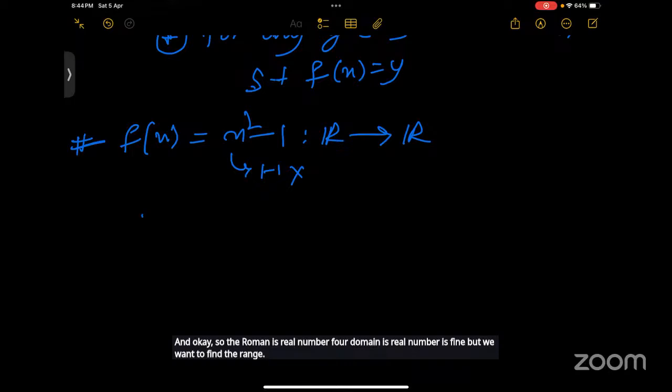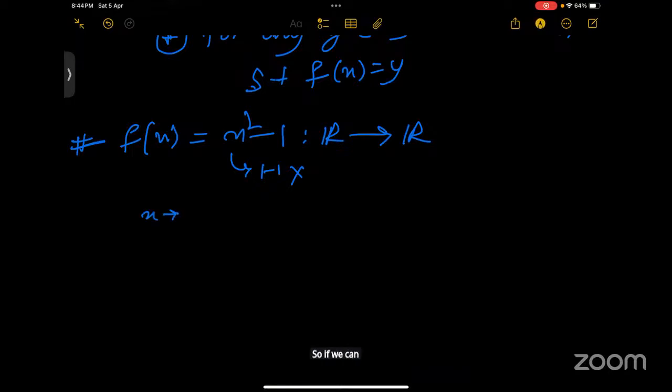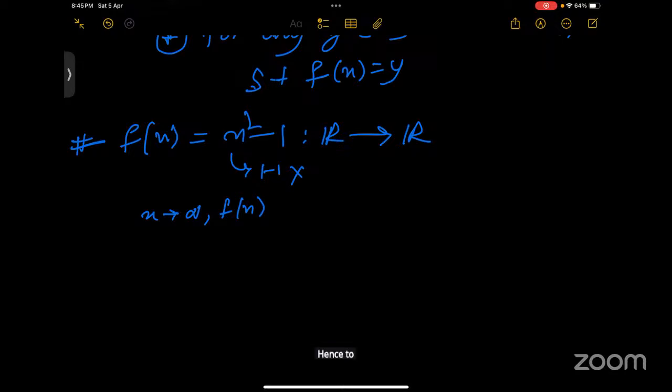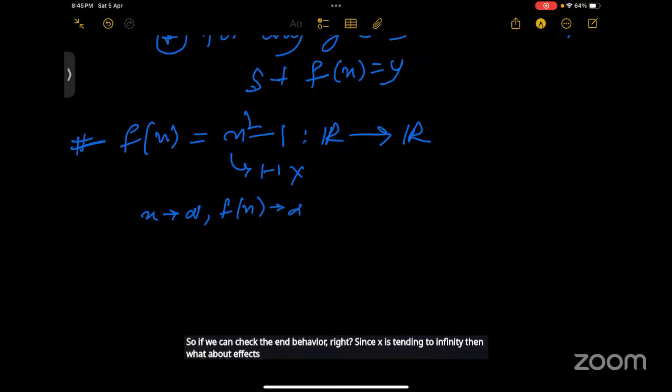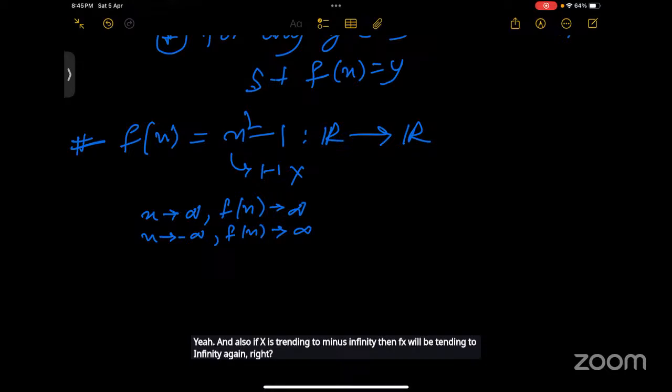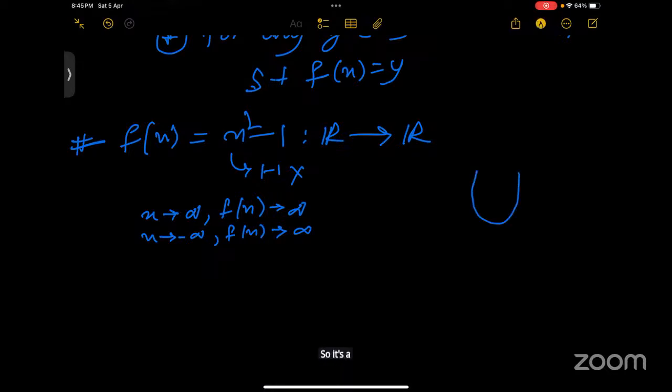So we can check the end behavior. If x tends to infinity, what about f(x)? It tends to infinity also. And if x tends to minus infinity, f(x) tends to infinity again. So it's a parabola in the upward direction.